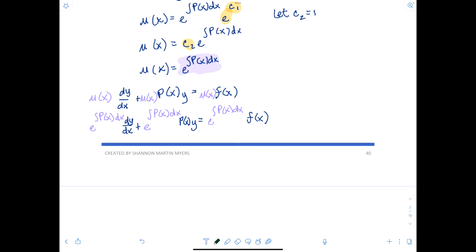Would you agree that we could rewrite p at x as the derivative with respect to x of the integral of p at x with respect to x? Cool?